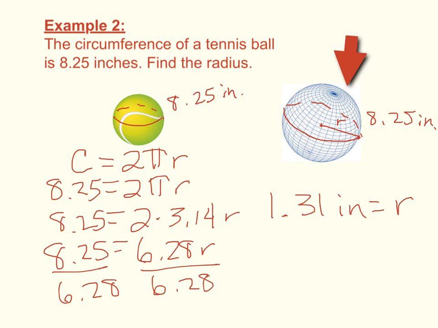Okay. So if I were to find the center of a tennis ball and draw a line to the outside edge of a tennis ball, that radius would be 1.31 inches. Okay, the rest of the lesson we're going to talk about finding the surface area of a sphere and also finding the volume.